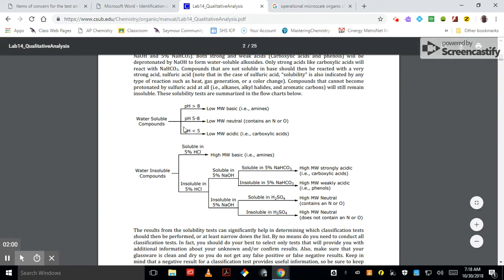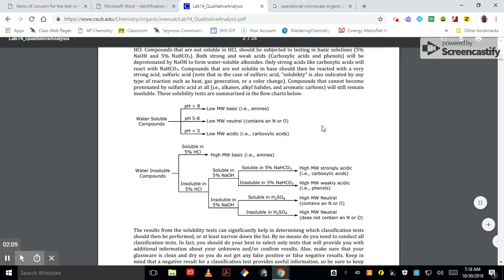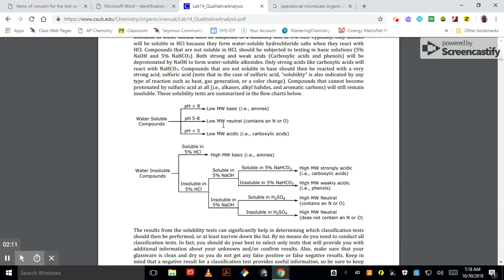If the compound dissolves in water and you run a neutral test, you probably have a low molecular weight ketone or an aldehyde of some sort, usually 5 carbons or less. If it comes up acidic, almost always you have a low carbon carboxylic acid, 5 usually, or 6, maybe less than that. So that's the first test you want to run.